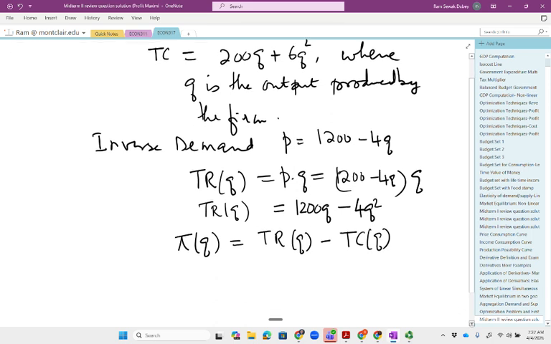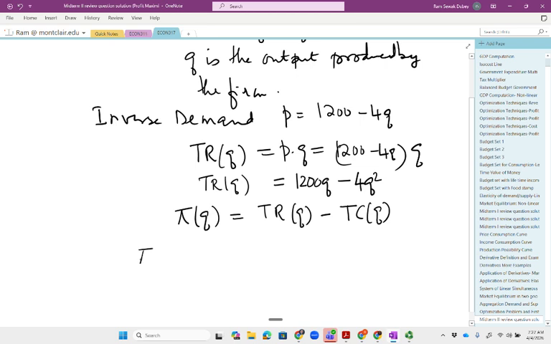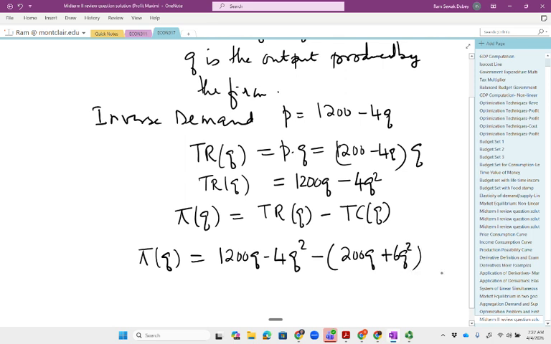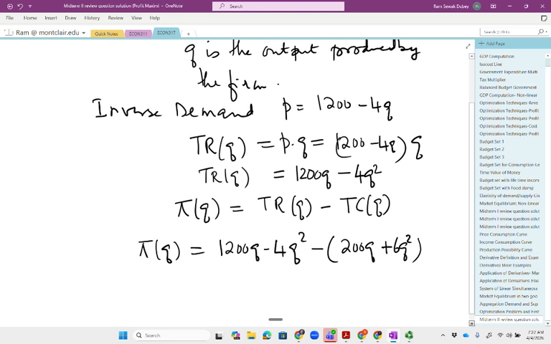And so now I have both the expressions. I will write them down here. Total revenue is 1200Q minus 4Q square minus, it is a good idea to write down the total cost in parentheses because we have two terms included in the cost. So I'll write down 200Q plus 6Q square within the parentheses.